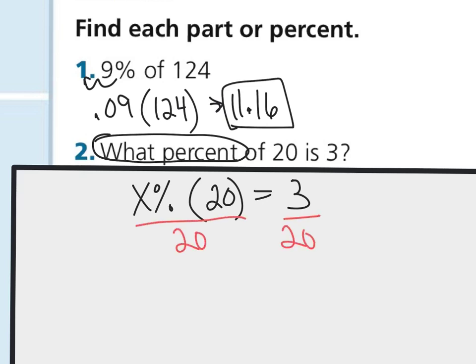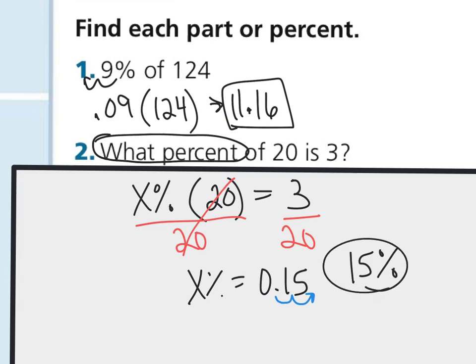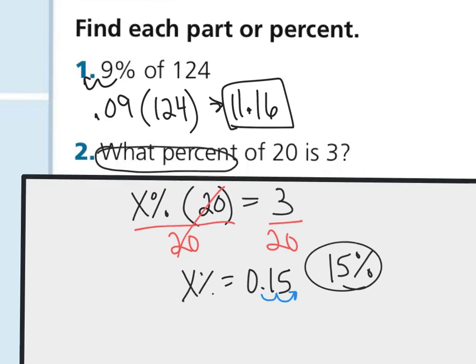We always do the opposite operation. And when we divide, we should get 3/20, or 0.15. Now what we have to remember is that is our percent as a decimal. So we still have to move the decimal 2 spots to the right. And then also we need to put the percent on the end of that. So 15%. So we're saying 15% of 20 is 3.